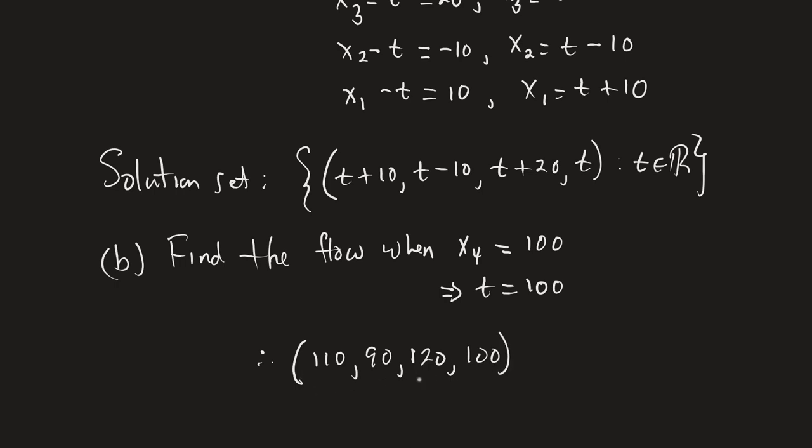So this is the flow at, I guess you could say, t equals 100 if t represents time, but in this case, I don't really think it would be time. It would be whatever is flowing along that arc that's labeled x4. So if there's 100 flowing along that arc, then there have to be these amounts flowing along x1, x2, x3.